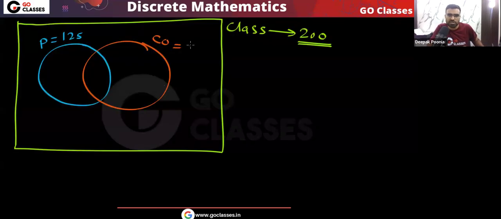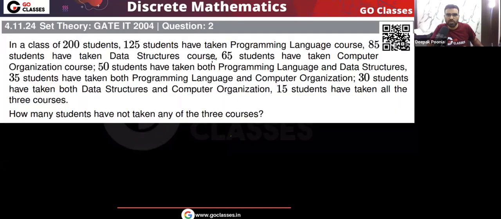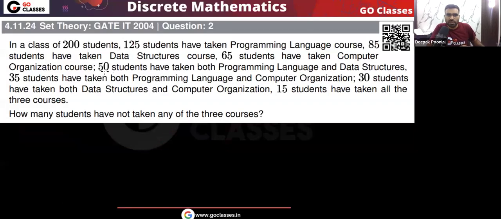So this is 65, and let's assume these are the students who have taken the data structure course. How many students have taken data structure course? That is 85. Also the question is saying that 50 students have taken programming language and data structure.